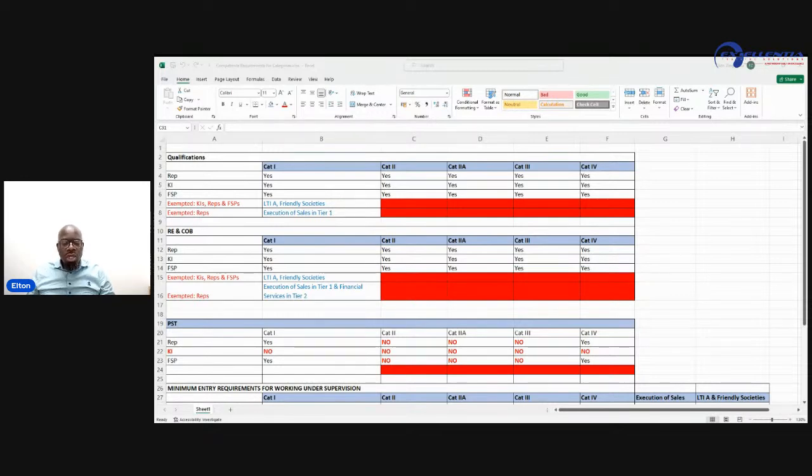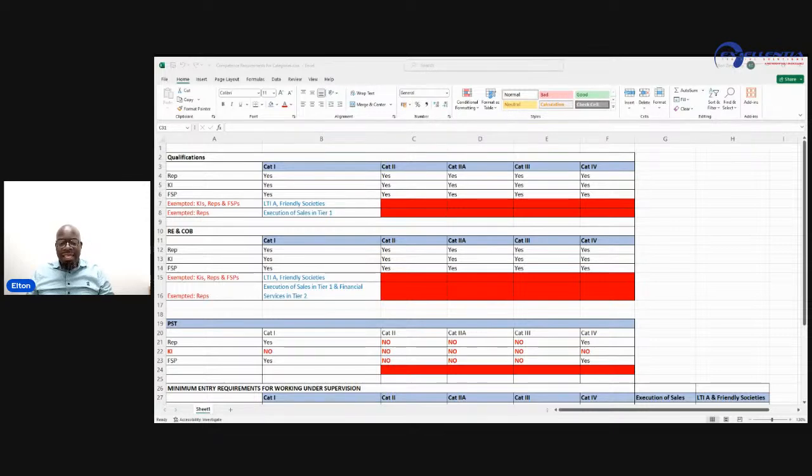Then we move to RE and class of business. In terms of RE and class of business, once again, reps, KIs, and FSPs must do RE and class of business in all categories. But we do have an exemption for KIs, for representatives, and for FSPs who are in long-term insurance A and friendly societies in Cat 1.